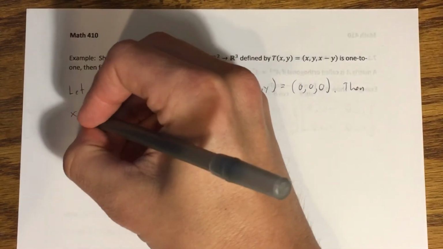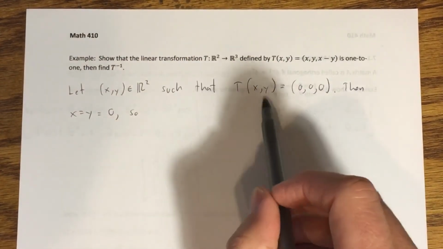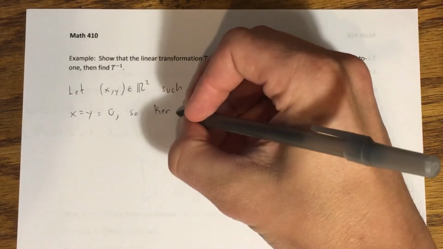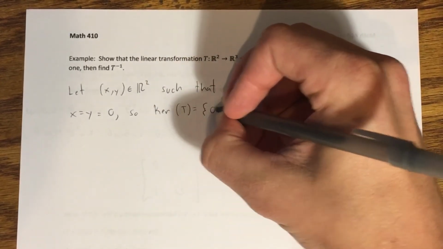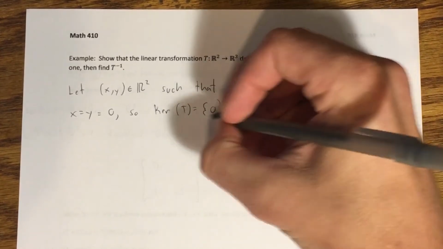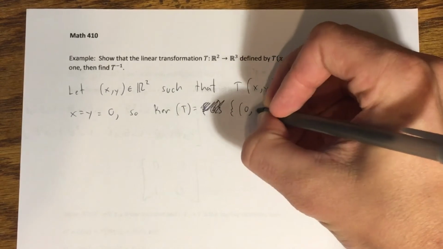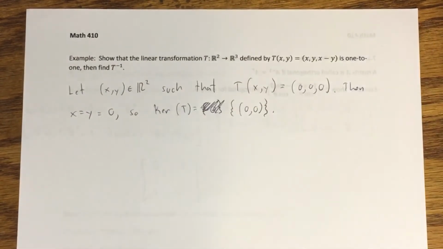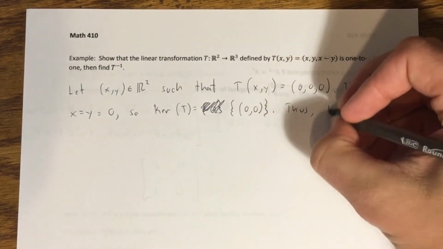Then x equals y equals 0. So this can only be the zero vector, which means the kernel of T is the zero subspace. Actually, since we know we're talking about a specific vector space, I should make my zero vector look like the zero vector in R2, right? So thus T is one-to-one.